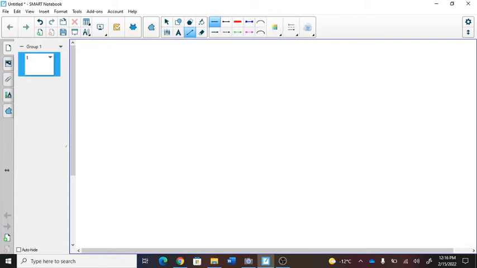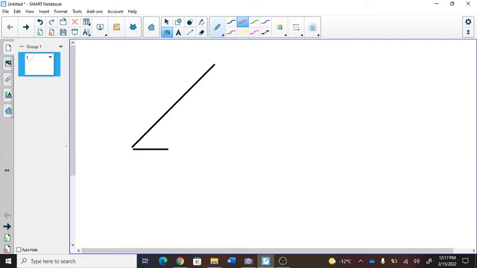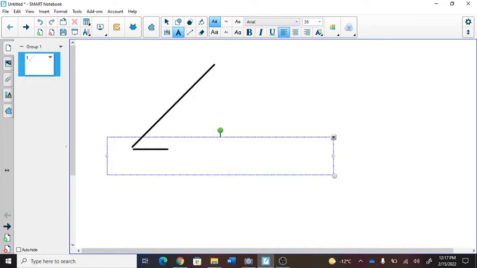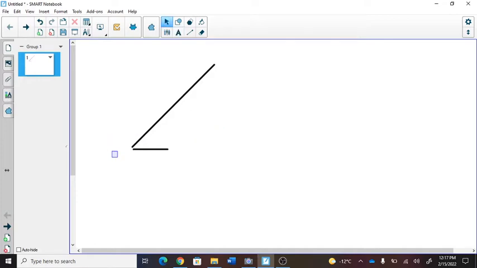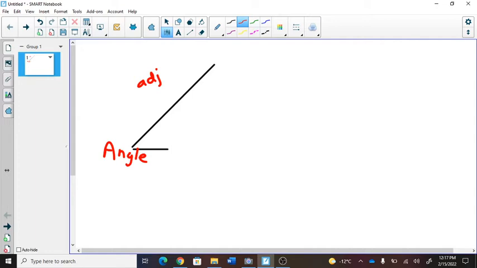Okay, so I have an angle. I'm going to give you that angle. So this side is the adjacent side, and over here would be the opposite side, and that's the third side I don't know.